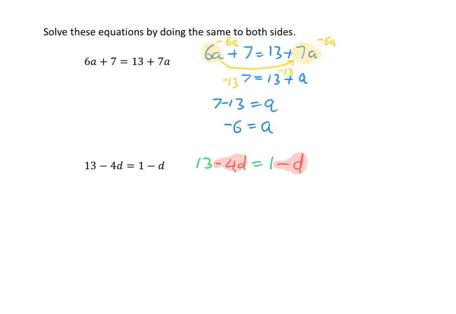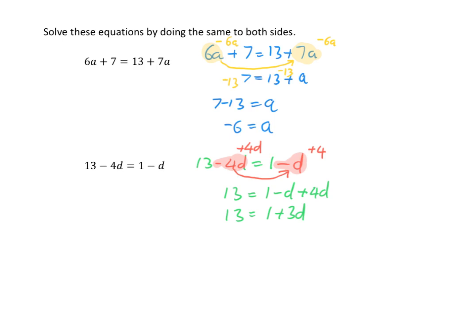My 4d gets moved over to my right-hand side. To do that, I need to do the opposite of subtracting 4d, which is to plus 4d. What I do to the left-hand side, I do to the right-hand side. So my equation becomes 13 is equal to 1 minus d plus 4d, so 13 is equal to 1 plus 3d.